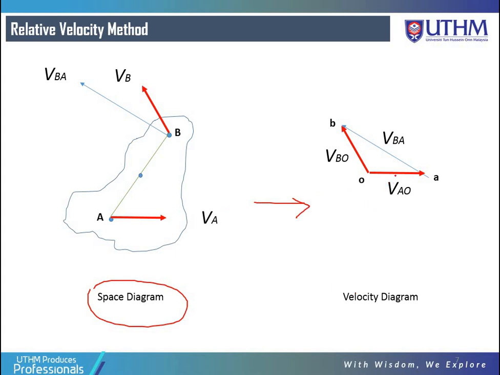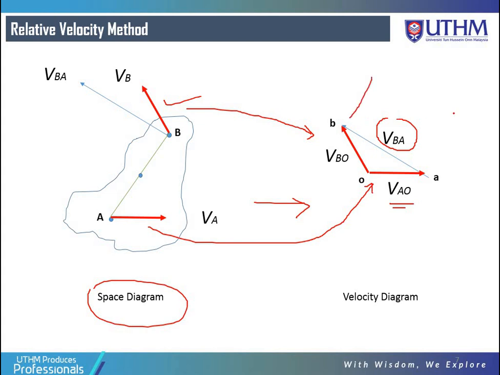In this case, if you want to know the velocity VBA, you can draw VAO, meaning the velocity of A from O, and the velocity of B from O in the same direction, and then the distance between them represents the velocity of B relative to A. This is the velocity of B relative to A, or the velocity of A relative to B. The only difference is the direction, but the magnitude is the same.